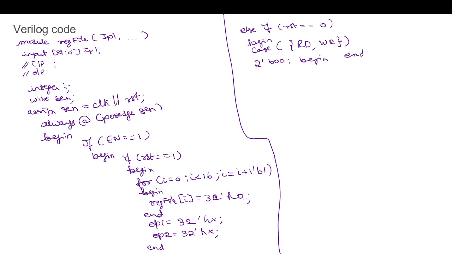So for 00 both are not selected, so we can leave it.